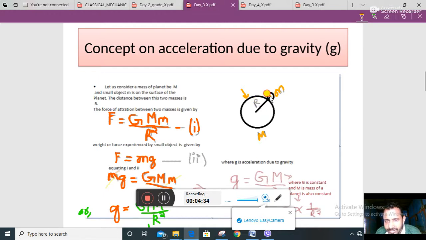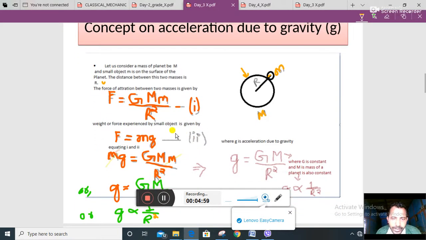Generally this distance from the surface is very small, so we neglect it with respect to r. That's why let us consider the mass of the planet be M and the small object m is on the surface of the planet. The distance between these two masses is r. Now the force of attraction or gravity is given by Newton's law of gravitation. So that's why we get F equals GMm by r square. And secondly, the force experienced by the small object.